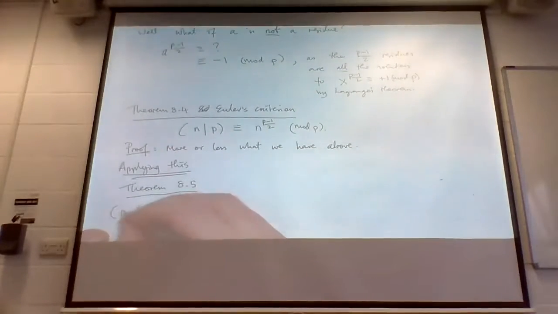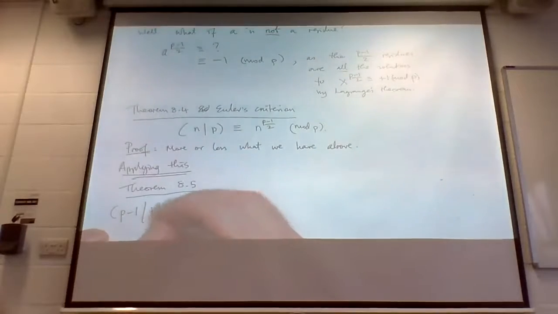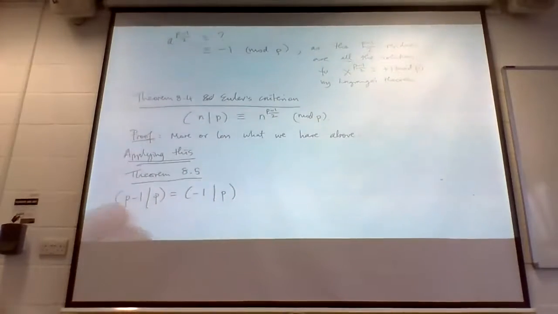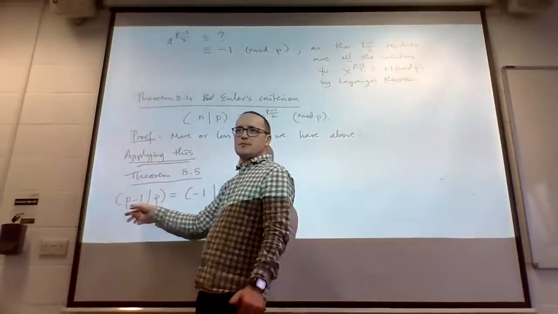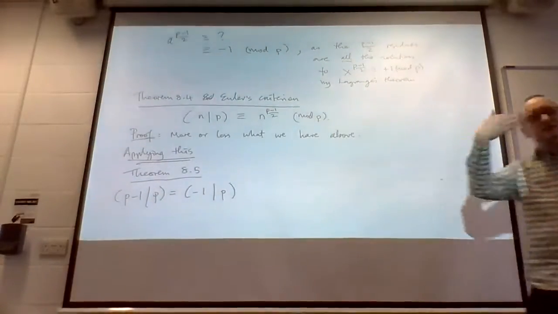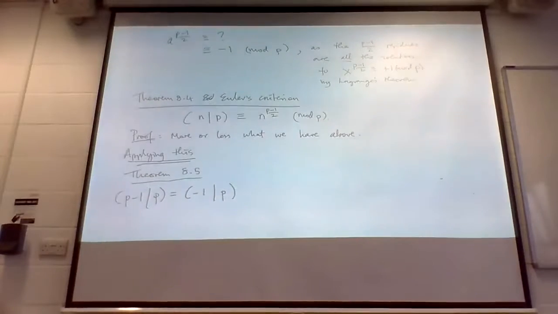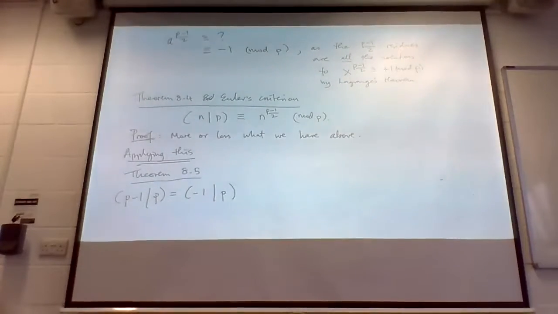So in other words, we're looking at p minus 1, the congruence class of minus 1 mod p. When we looked at our examples, p equals 3, 5, 7, and 11 as well in the lectures, in a couple of them we found that minus 1 was a residue, and in the others it wasn't.